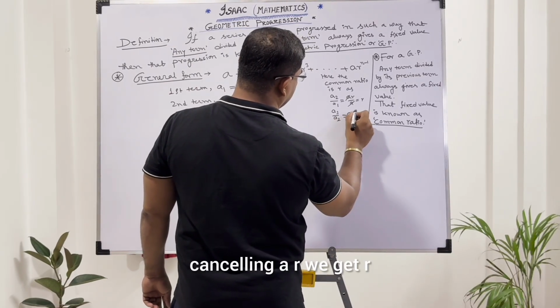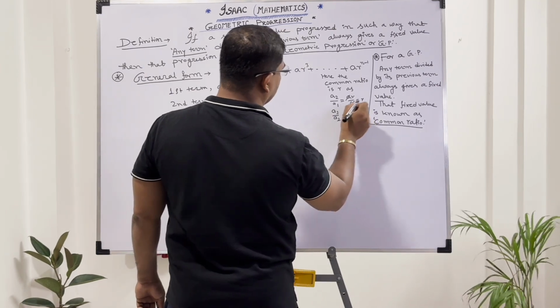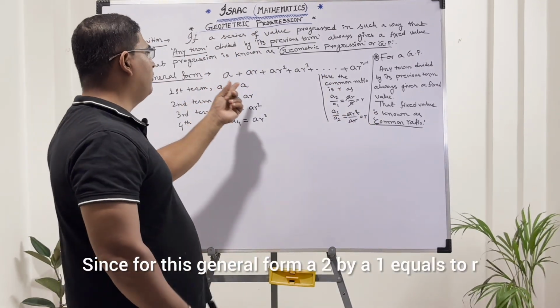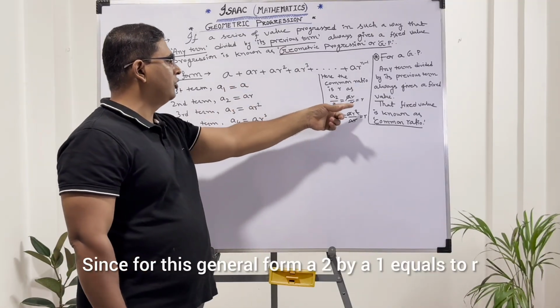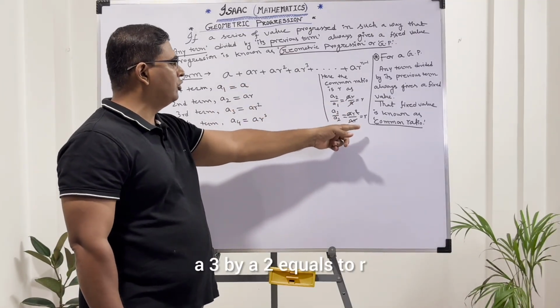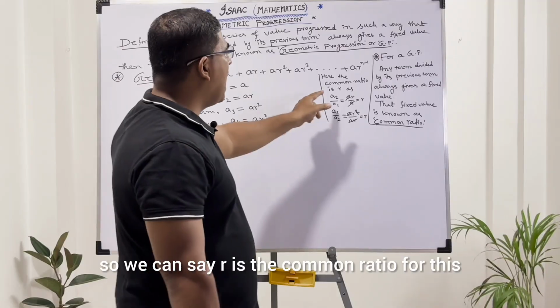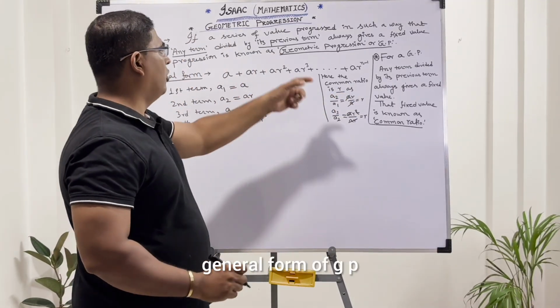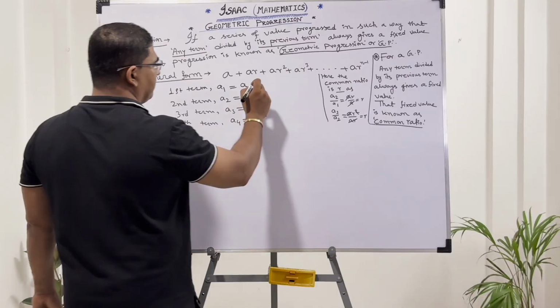Cancelling AR, we get R. Since for this general form A2 by A1 equals R and A3 by A2 equals R, we can say R is the common ratio for this general form of GP.